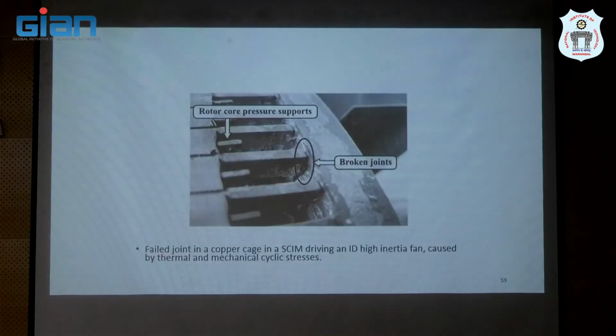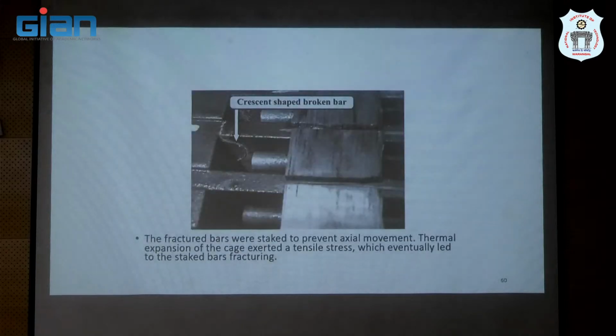The different problems, how they occur: broken joints, rotor core pressure supports. These are caused by thermal and mechanical stresses, even when there is thermal expansion of the cage, and stacked bars fracturing.